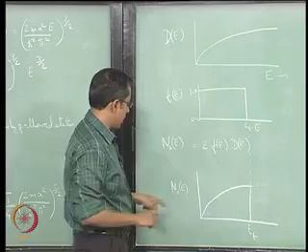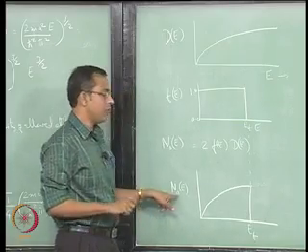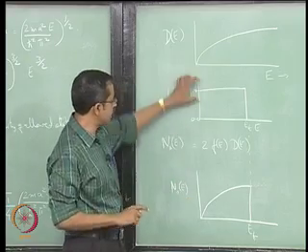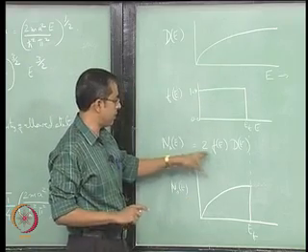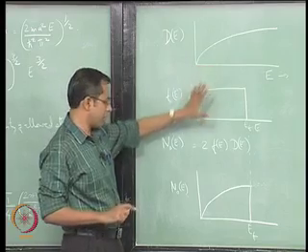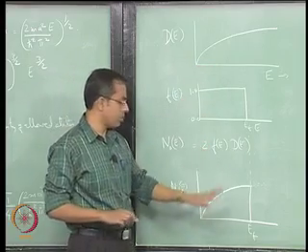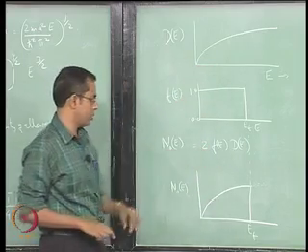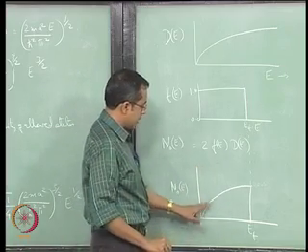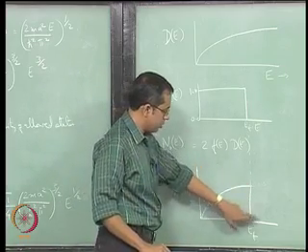Therefore, at 0 Kelvin the density of occupied states looks like this. It is simply the product of these two multiplied by a factor of 2. We are not ignoring it, but in this schematic plot we are not focusing on the constant 2. You see that it goes up this way and drops to 0.